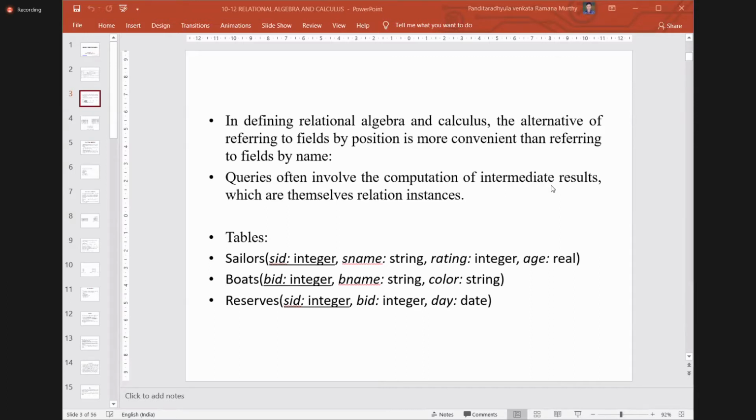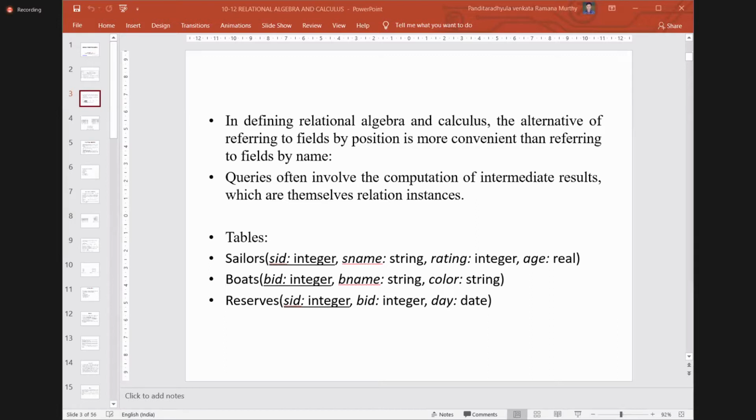What do these represent? Boats, maybe the boats in the ocean, a lake. Clear? So we are maintaining the information of the boats, the information of the sailors who ride the boats, and also the passengers who reserve particular boats on a particular day with the help of a particular sailor.